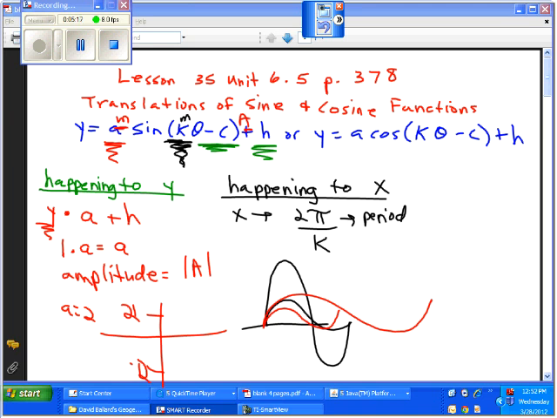What was outside was multiplication by a and addition by h, so my new y will be a times y plus h, the transformation of the parent function. Now the a, graphically speaking, just stretched my wave vertically, but the h is added, and that's going to shift it up vertically. In other words, this used to be my midline. My midline is going to get shifted up.